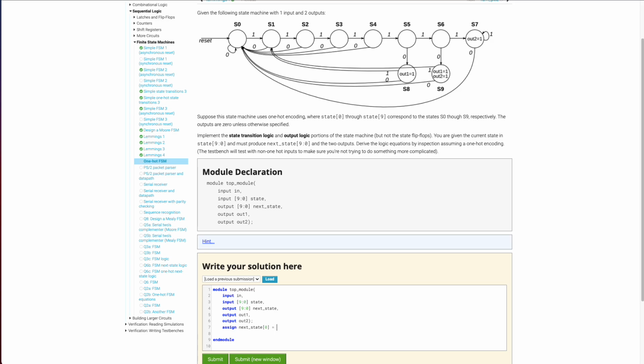Next state 0 is just going to be, if, oh, that's just... Yeah, this is the only... Oh, no. I see.